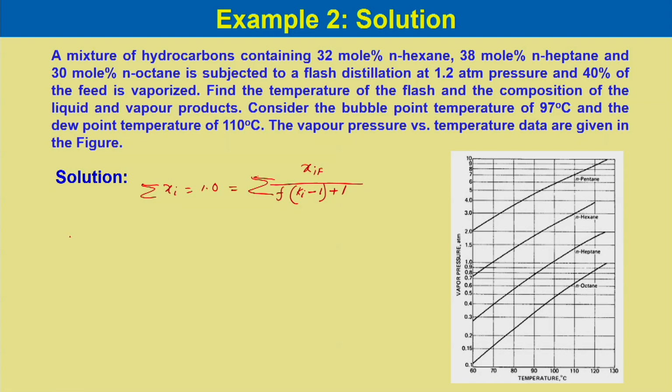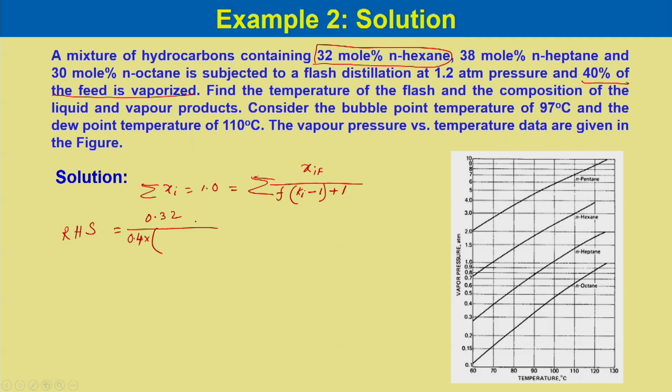Now, if we consider the right hand side of the equation, we can write 32 mole percent of n-hexane. So, x in the feed, xiF, would be 0.32 divided by, as 40% of the feed is vaporized, F would be 0.4 into Ki for component nC6.